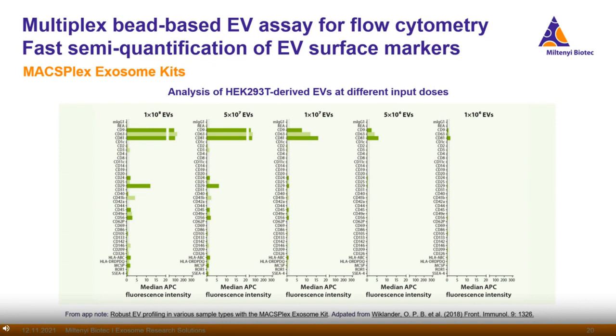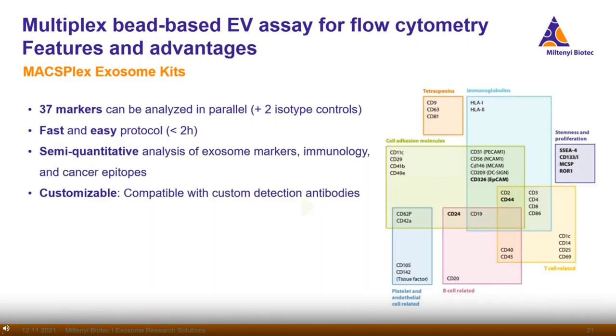However, reliable results were obtained when the supernatant contained about 1 million to 100 million HEK-derived EVs. And taken together, the results show that the bead-based EV assay enables a sensitive semi-quantification of EV surface markers. The assay is also customizable and can be adapted to individual needs.